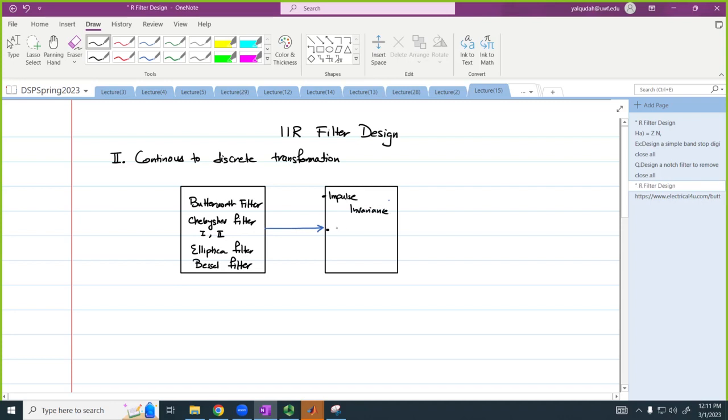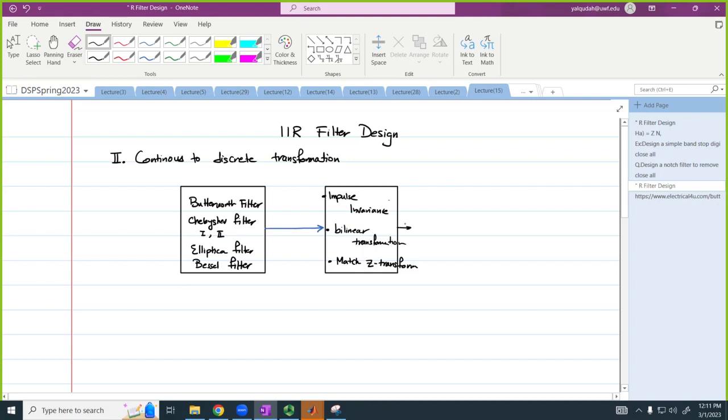The second technique is the bilinear transformation. And the third technique is the matched Z transform. Is that clear what we're going to be doing?